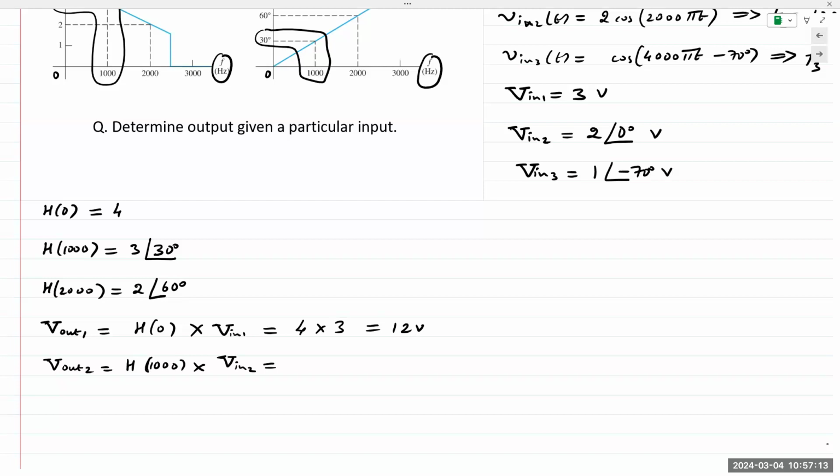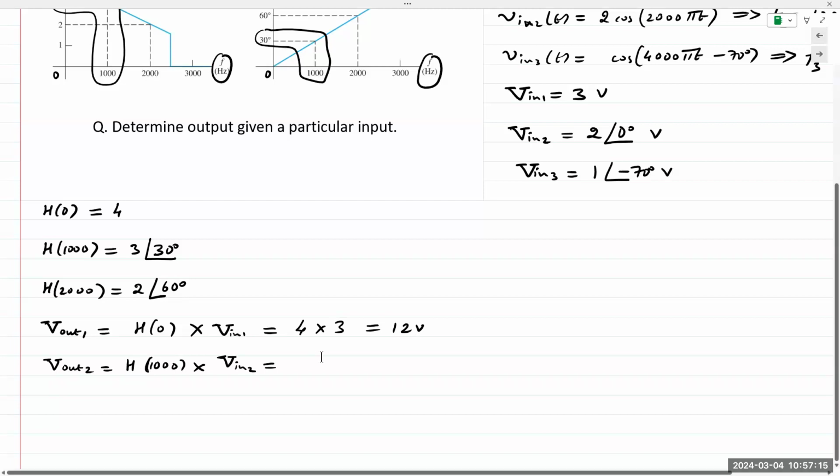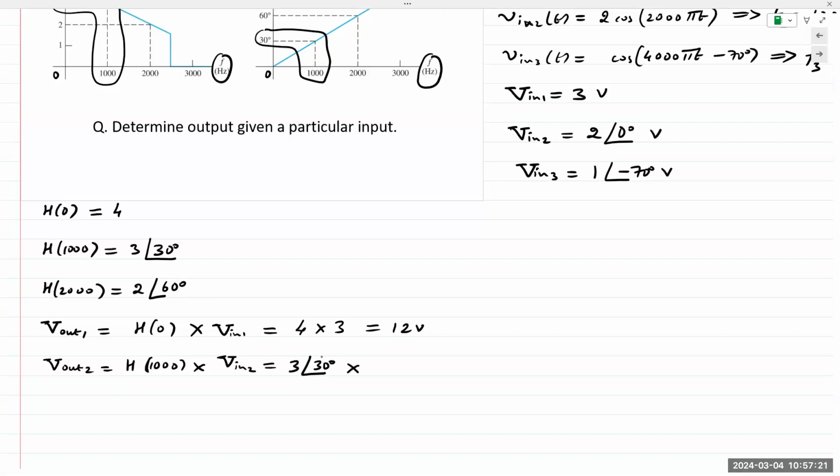So this would be 3 angle 30 multiplied by 2 angle 0, which gives me magnitude 6, phase angle 30.